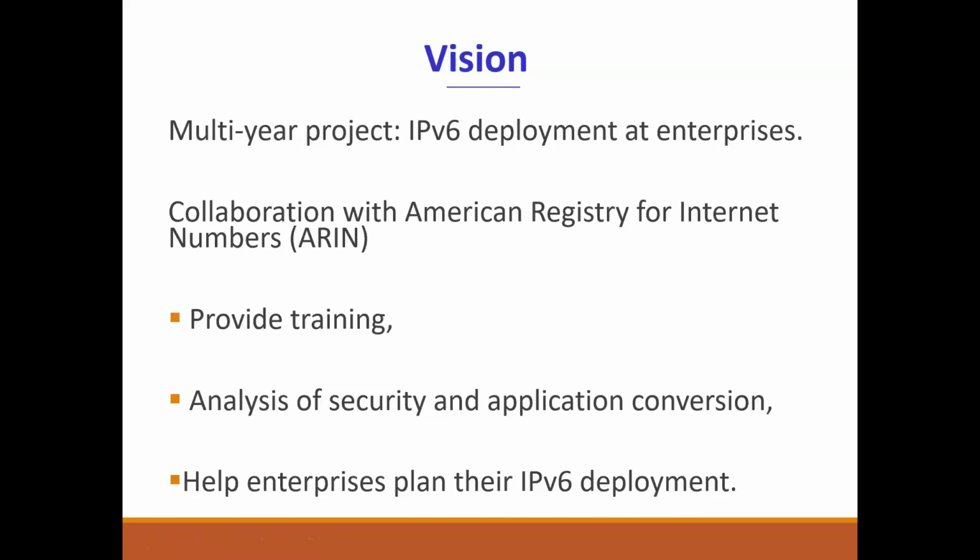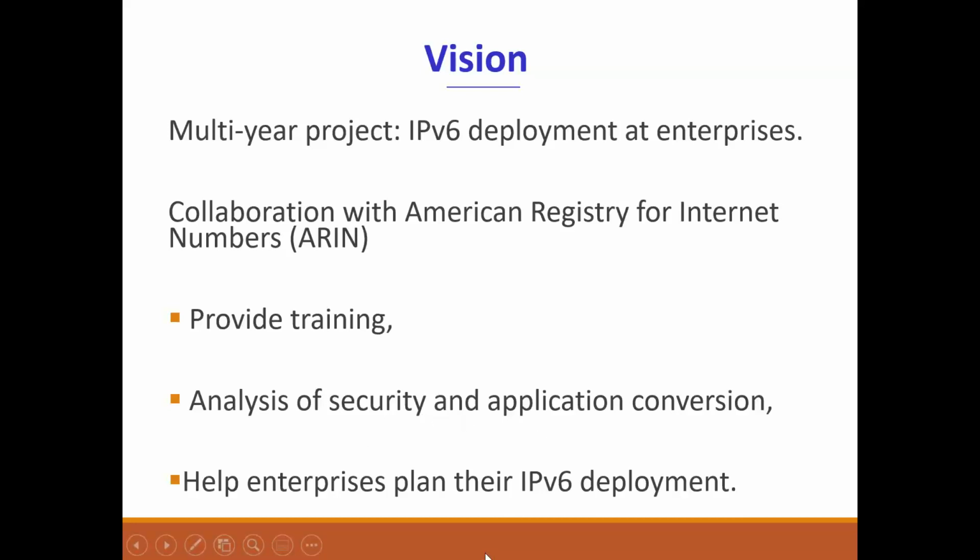So what is our vision for IPv6? We want to, of course, get everybody trained, but then we want to start moving people toward deployment. We also have a collaboration with the American Registry for Internet Numbers, or ARIN. And so it's a three-part vision. First, to provide training, and then start looking at some really big problems which you may have, which are security and application.